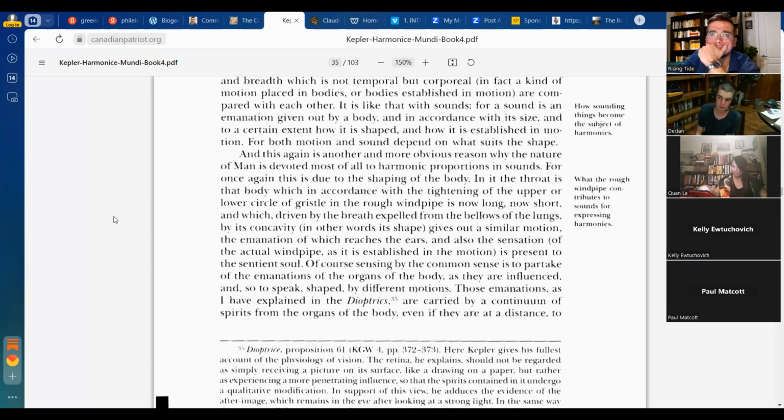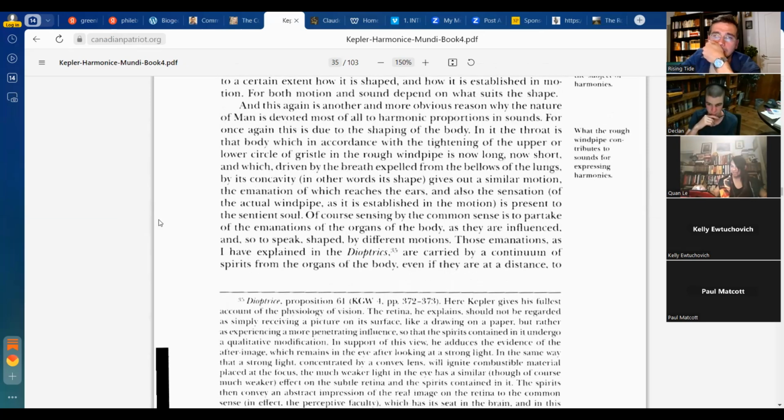In it, the throat is that body which is in accordance with the tightening of the upper or lower circle of gristle in the rough windpipe, is now long, now short, and which, driven by the breath expelled from the bellows of the lungs by its concavity, in other words, its shape, gives out a similar motion, the emanation of which reaches the ears, and also the sensation of the actual windpipe, as it is established in the motion, is present to the sentient soul.